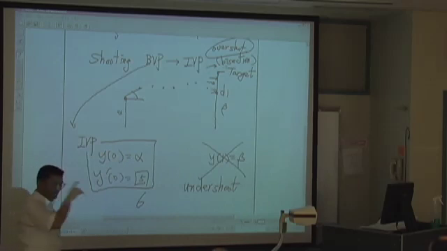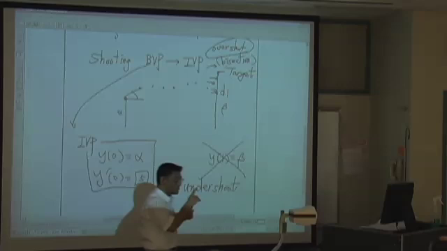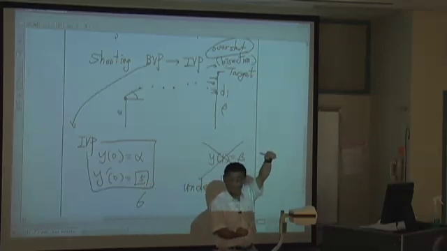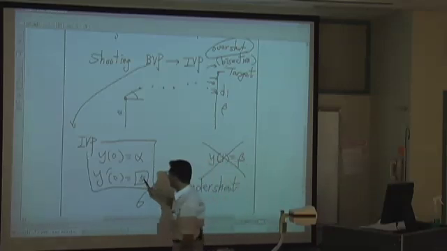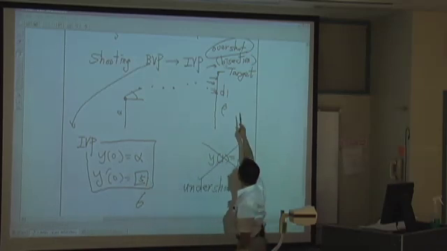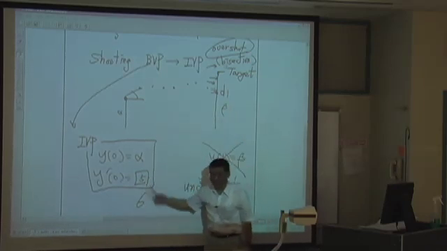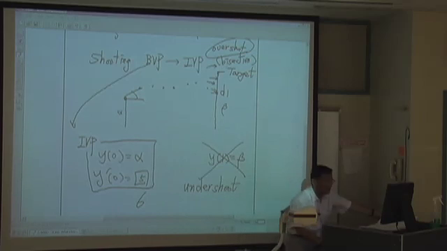Then afterwards, you use the bisection idea. Some angle gave you this kind of underachievement, right? I will pick some numbers.